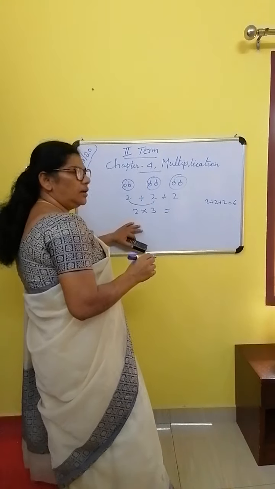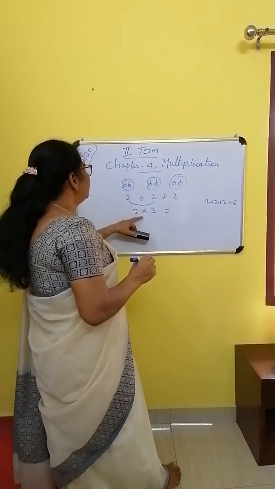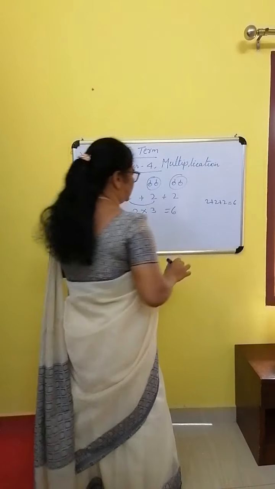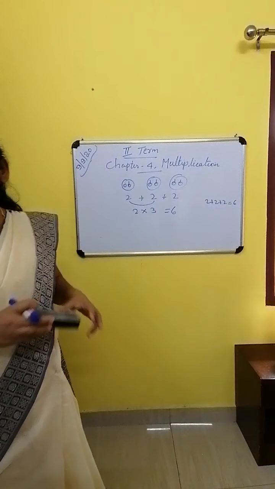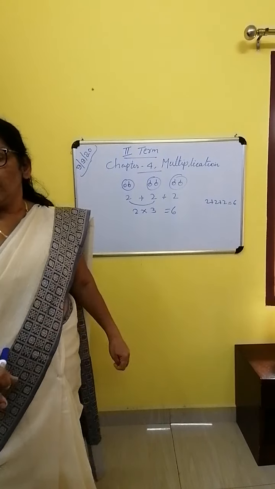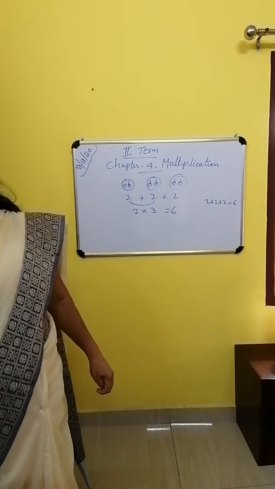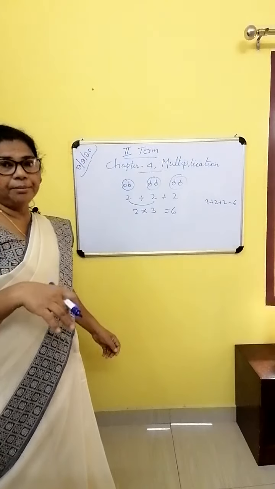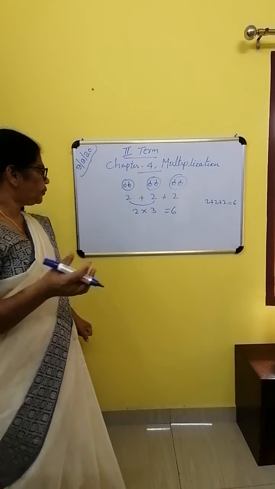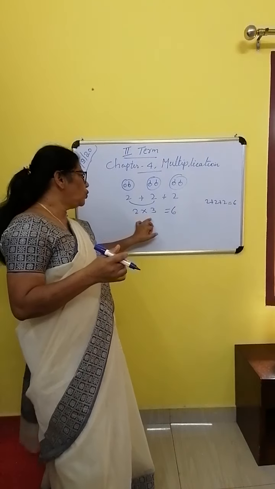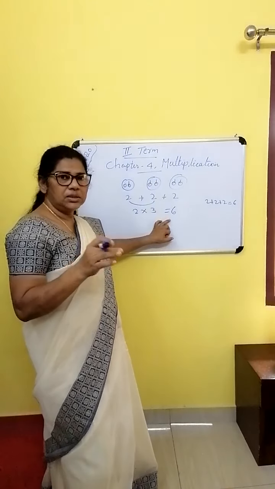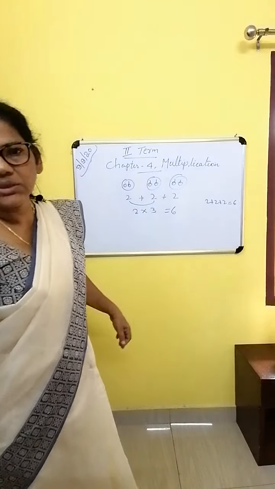So instead of adding many times, you can multiply easily. 2 3s are 6. So multiplication is repeated addition. Multiplication means adding the same number repeatedly. Now you can say 2 3s are 6.